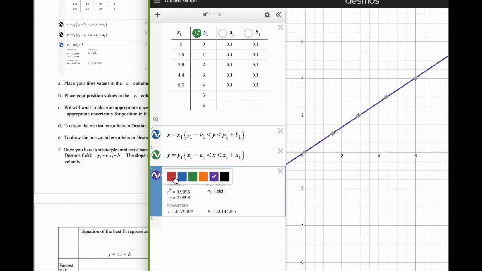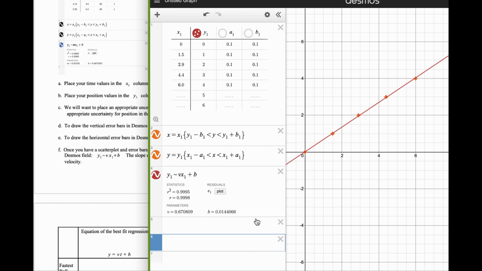Let's make it like red or something. All right, there you go. Now, doing this type of regression is going to give you a slope and an intercept. The v is the slope of the line, the b is the intercept.